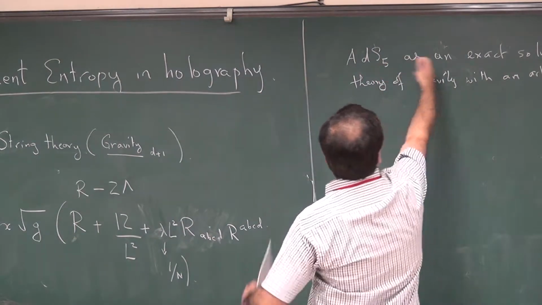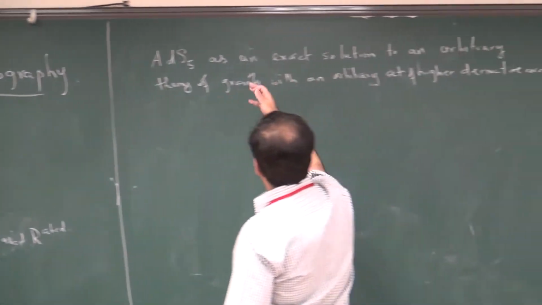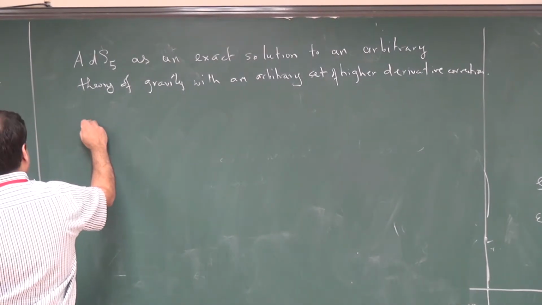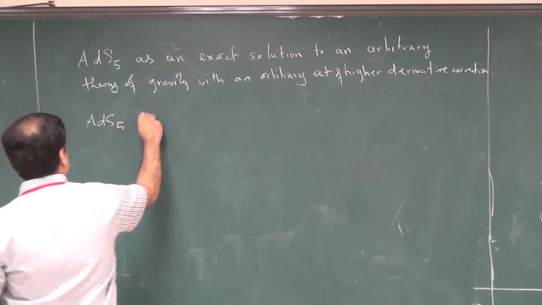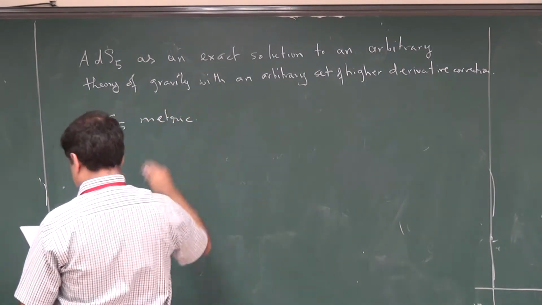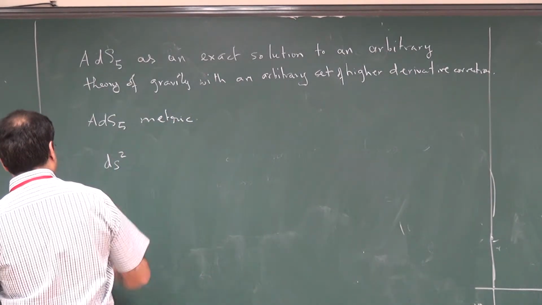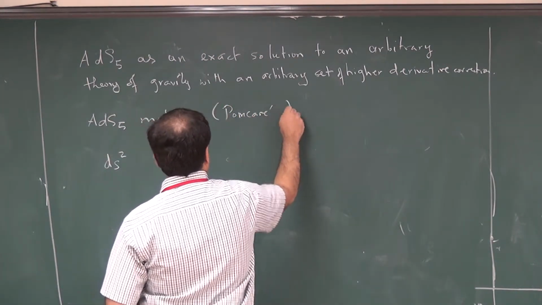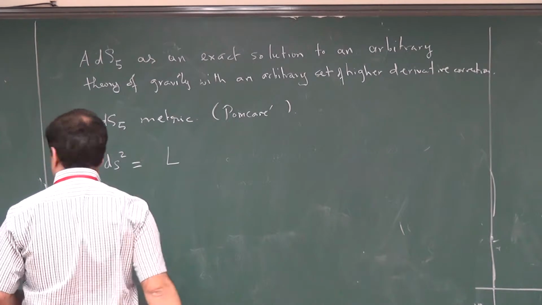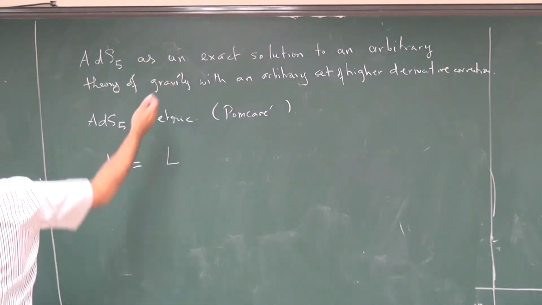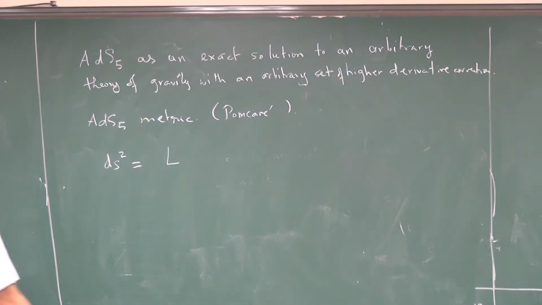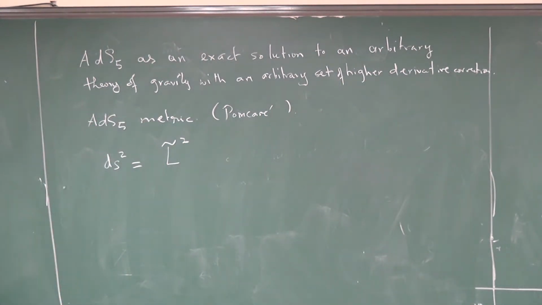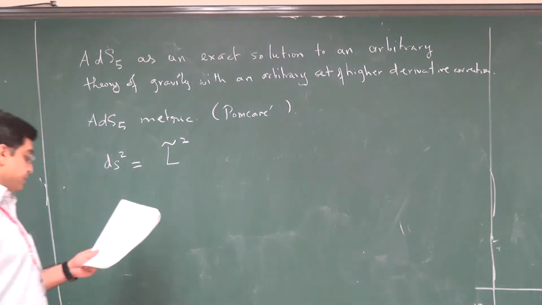Just be aware of the fact that AdS5 is an exact solution to an arbitrary theory of gravity with an arbitrary set of higher derivative corrections. And the metric for AdS5, in what are called Poincare coordinates, that's all that I'll use for this lecture, can be written as L. Because I was making the statement about an arbitrary theory of gravity, I'll put a tilde here. The length scale is called the AdS radius.